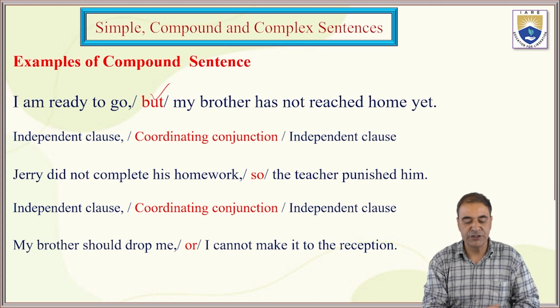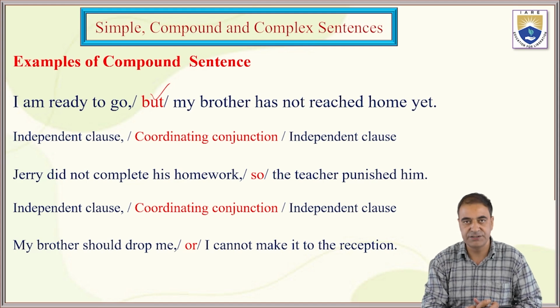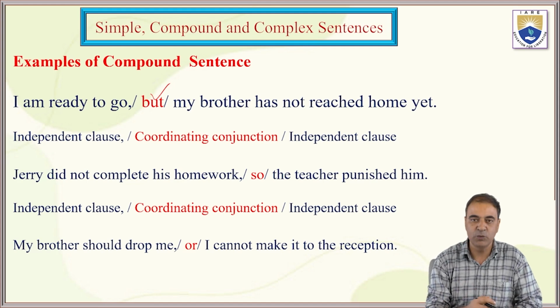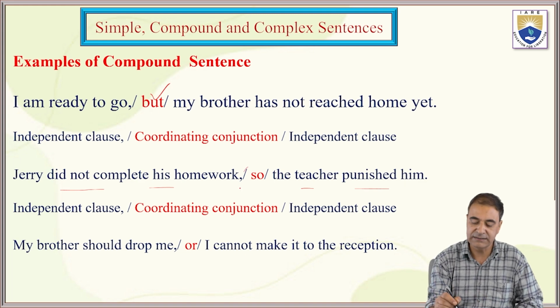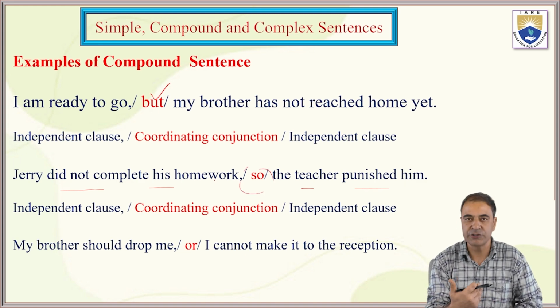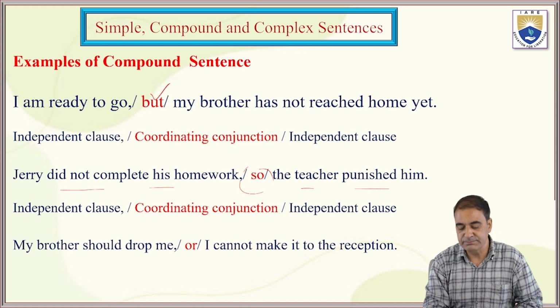Now the next one is Jerry did not complete his homework, so the teacher punished him. Now again we have two main clauses, and these two main clauses are connected by a coordinating conjunction, and that is so. Now the next one, my brother should drop me, or I cannot make it to the reception.